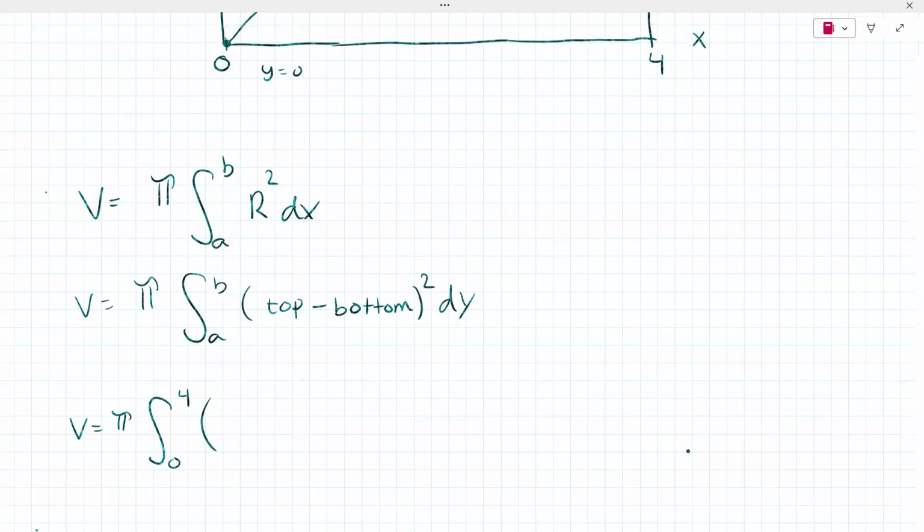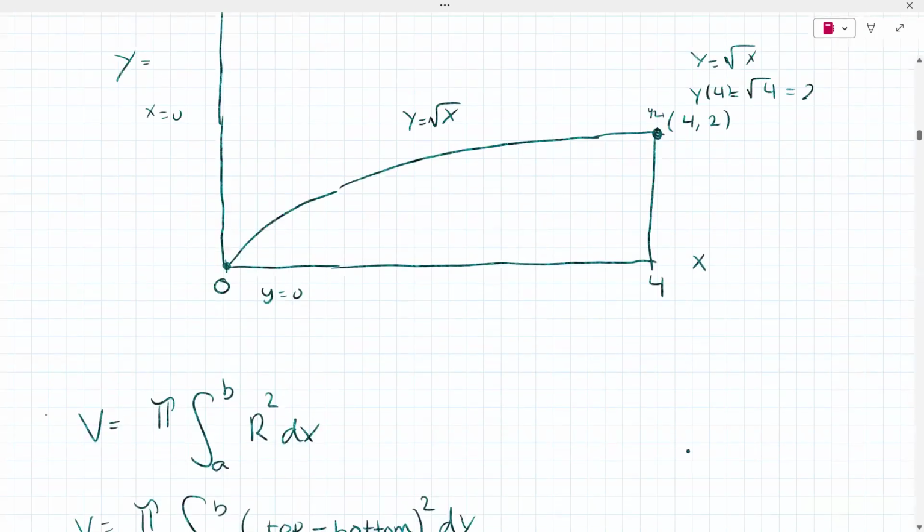And then top, if you look at our image, what is our top? If we're going across the vertical axis, that means we're standing upright, like this, right? That means your head is the top, and then your feet is the bottom, right? So what is your head touching? The radical x.